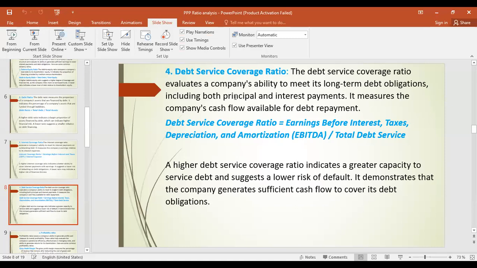And I told you debt service is the principal plus interest. So for our case, we'll take our earnings before interest and tax, also add the interest income, then add back depreciation, divide by interest expense plus total debt. So let me bring in the Excel file.